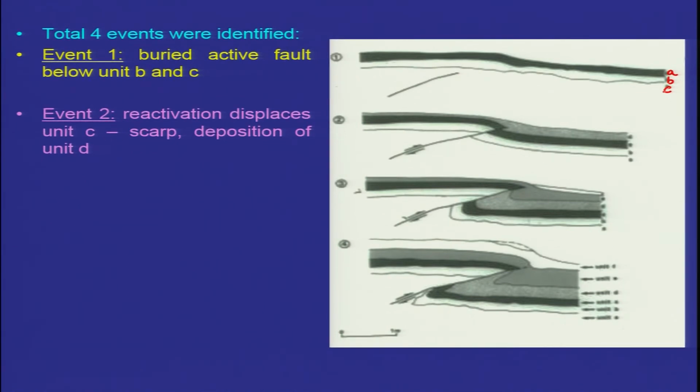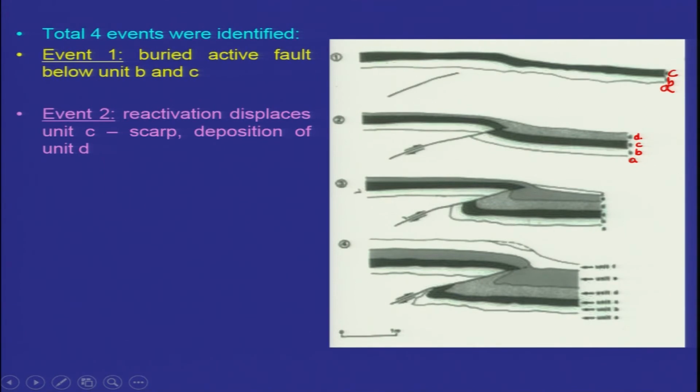Either way, you take this as A, B, C. What it says is that this scarp existed at the C level, and then finally there is the deposition of unit D. So you now have A, B, C and D here.